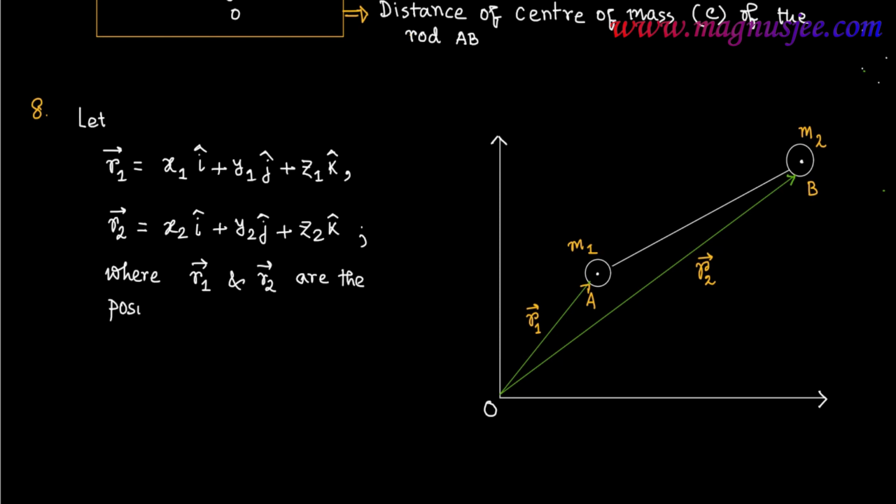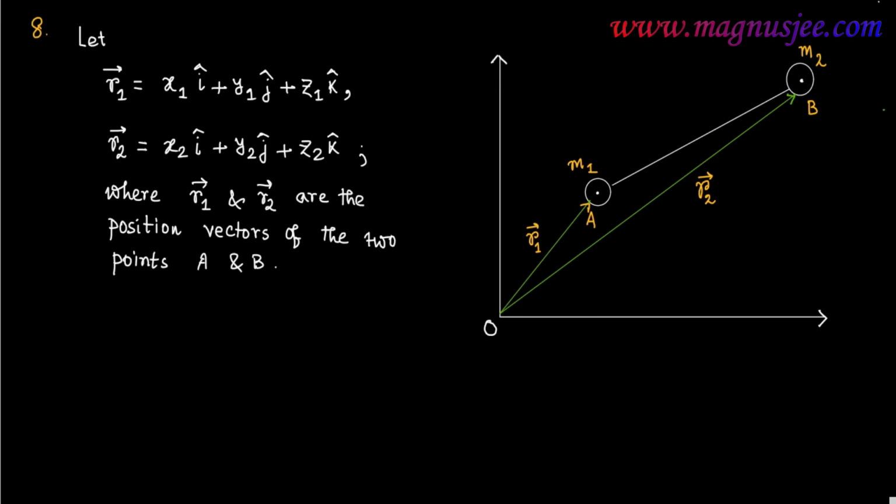The first particle of mass m1 is placed at A, which has position coordinates x1, y1, z1, and the point B has the position coordinates x2, y2 and z2.